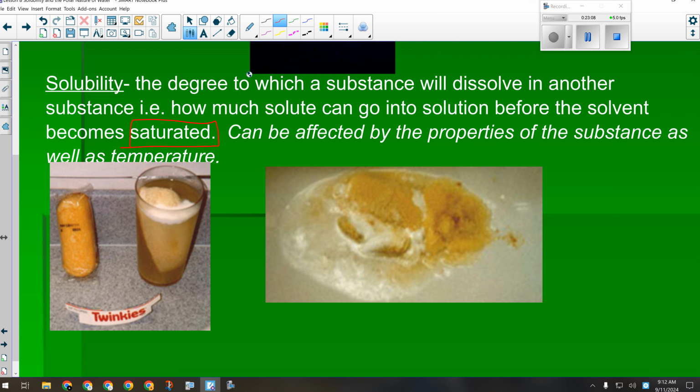I know it's ready when it's cold and there's a layer of sugar on the bottom that cannot be dissolved, because then I know the Kool-Aid is saturated, and it's going to be good and sweet. I don't drink Kool-Aid anymore, but as a kid, that's how I would make it. So saturated means can't hold any more. Questions there? Everybody good with that?